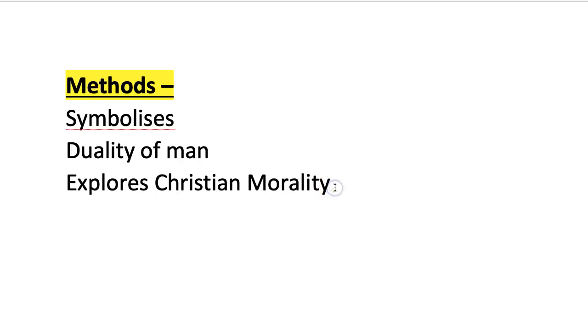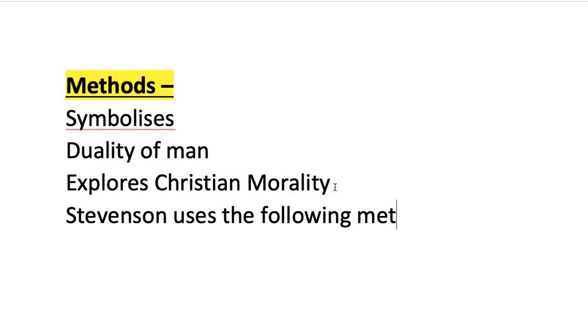Now, how am I going to make sure that the examiner knows I'm writing about methods? I'm going to write this. Stevenson uses the following method. Yep. That'll introduce it like that.